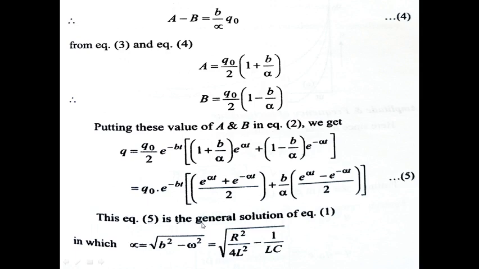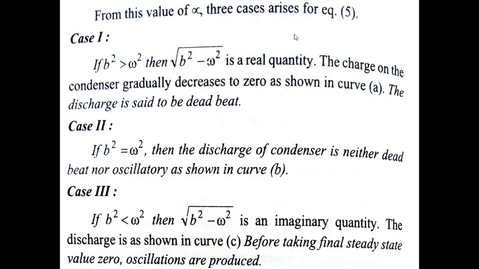Equation number 5 is the general solution of equation 1, in which alpha is used for under root b square minus omega square, and if we use the values of b and omega, it is equal to under root R square upon 4L square minus 1 upon LC. Again, from this value of alpha we get 3 cases.